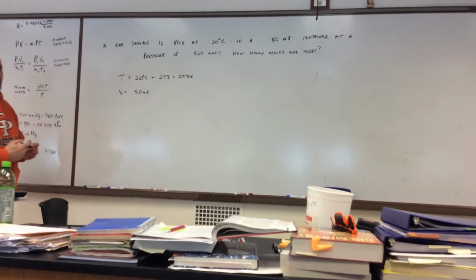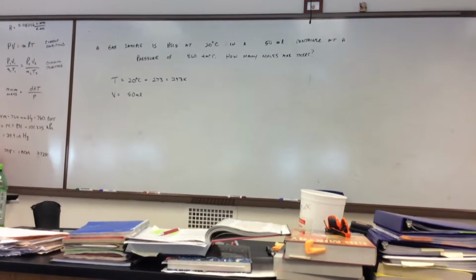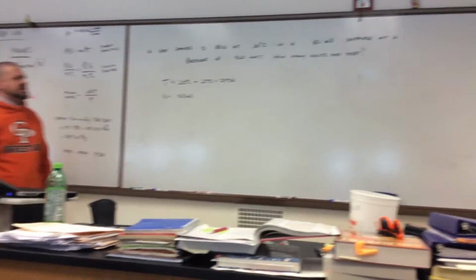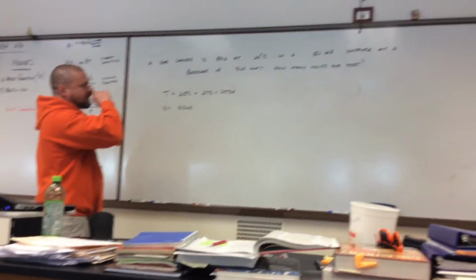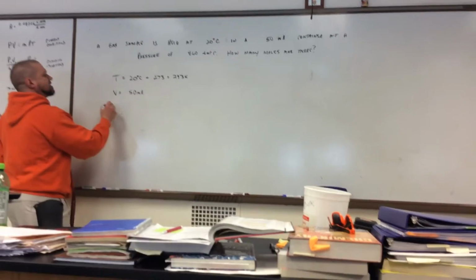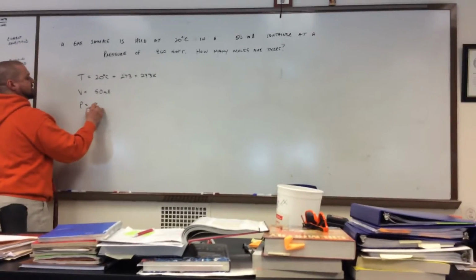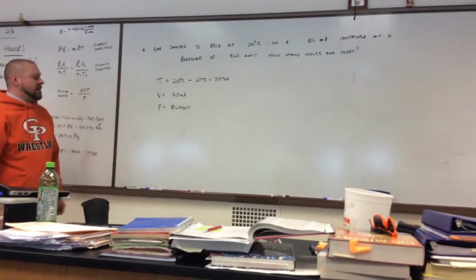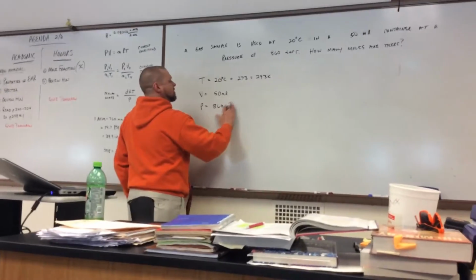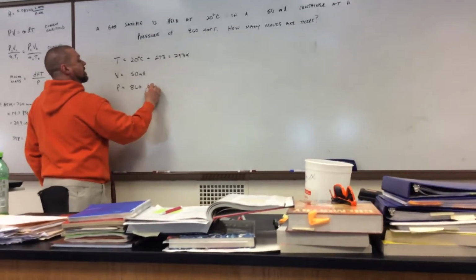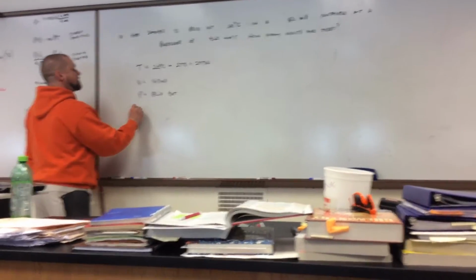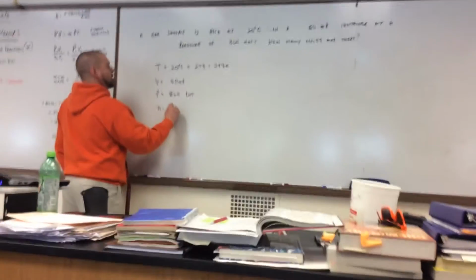Right now, I don't know if I have to convert it into liters or not. I'll just wait and see what I got. I keep reading, and it says it's got a pressure of 860 torr. Again, I don't know if I need to be in standard units or not, because I don't know if I'm in before or after conditions yet. Then they want to know how many moles are there.